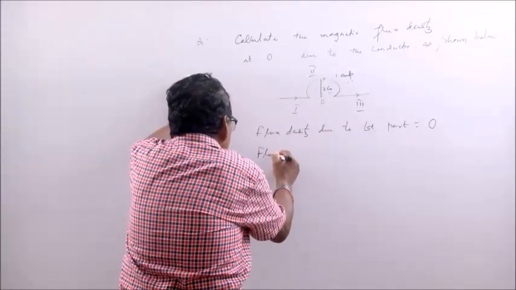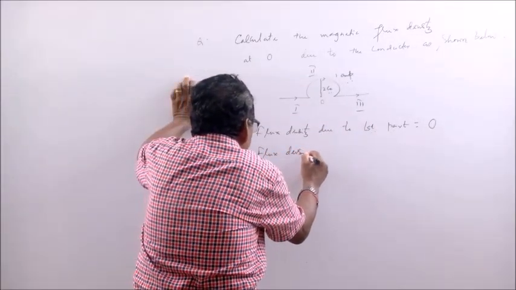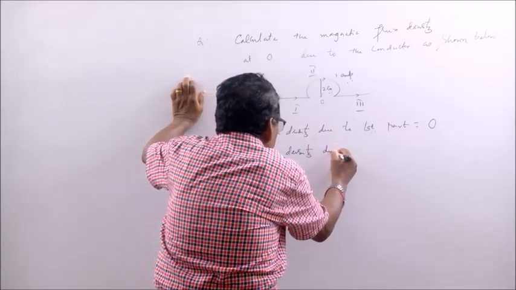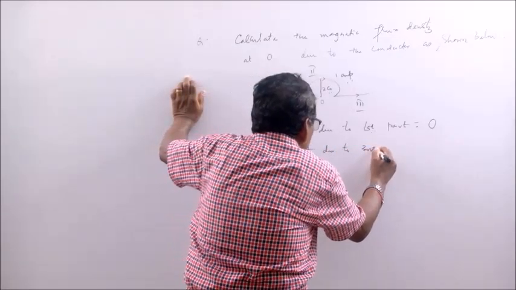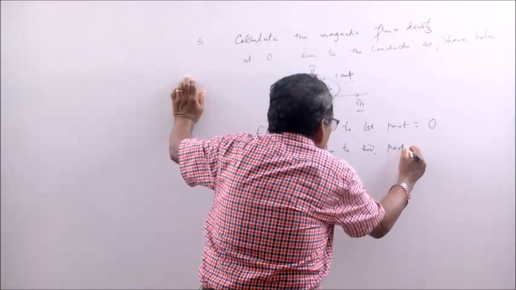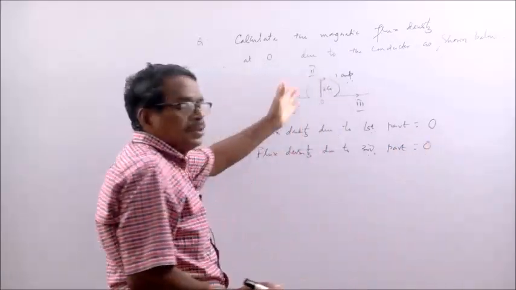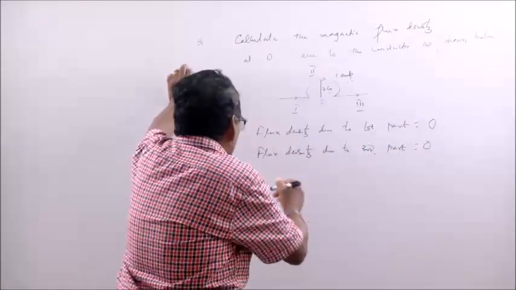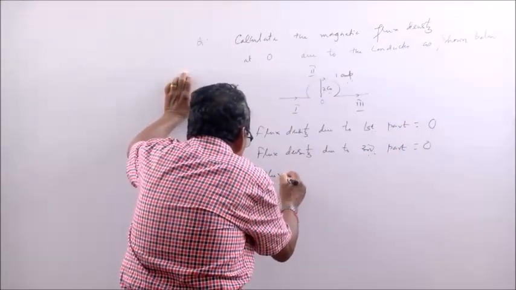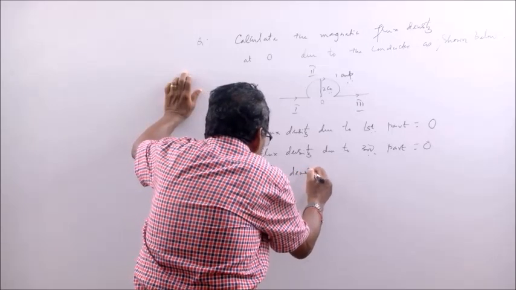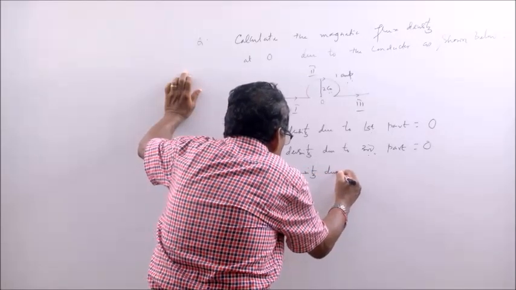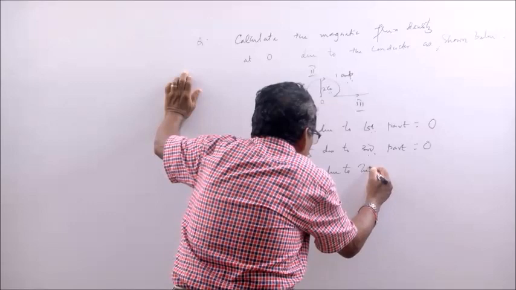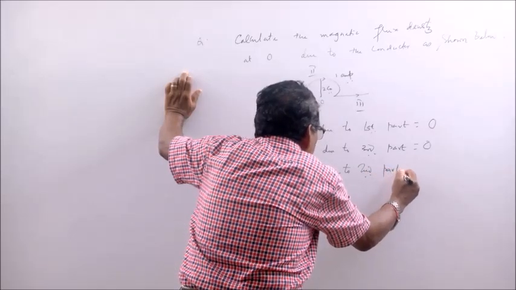Similarly, flux density due to third part is also 0, because it also lies on the axial line. Only the flux density due to second part remains. How to find out the flux density due to second part?